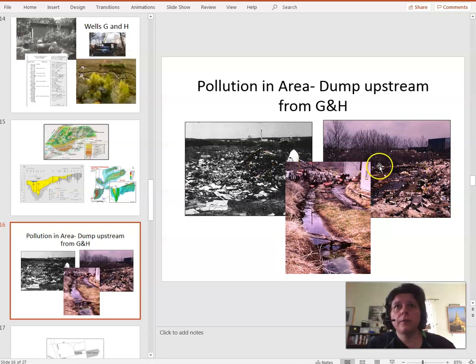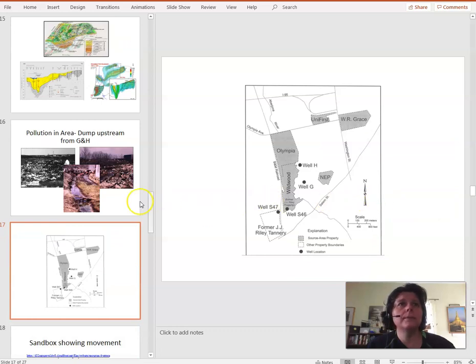This was pictures from the actual sites, from the Wildwood, from the Grace. One drum place would just put drums everywhere. So these are pictures showing the amount of pollution that was just around those wells. So here's wells G and H, and this is the former Riley Tannery site, which had its own well.